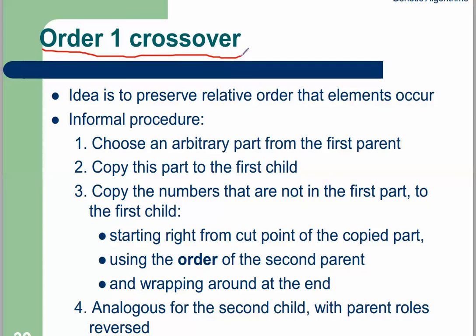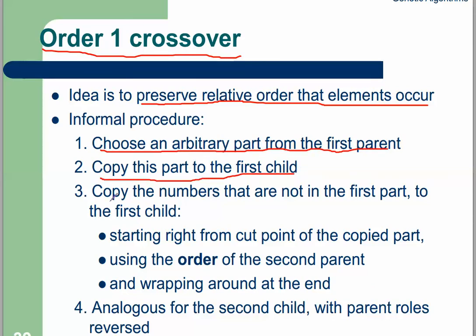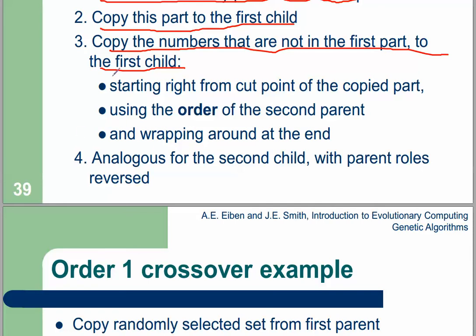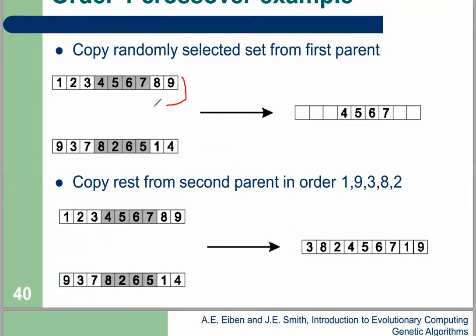The first one is order 1 crossover. The aim of this method is to preserve the relative order of the elements. The method is to choose an arbitrary part from the first parent, copy it to the first child, and then copy the numbers that are not in that part to the first child. We explain with an example here. We have 2 parents, first parent and second parent.